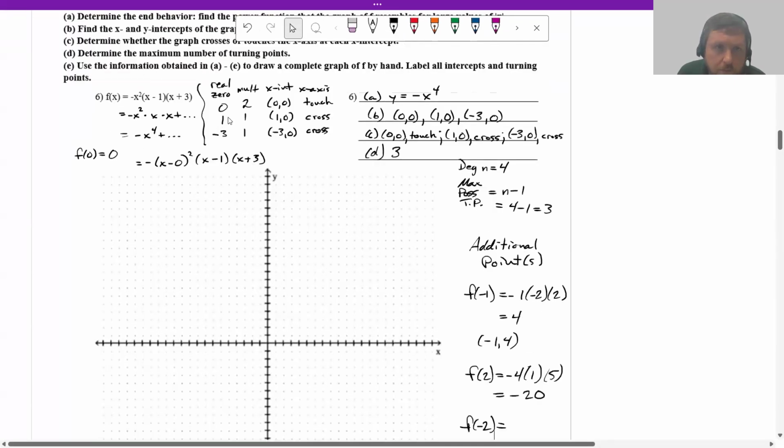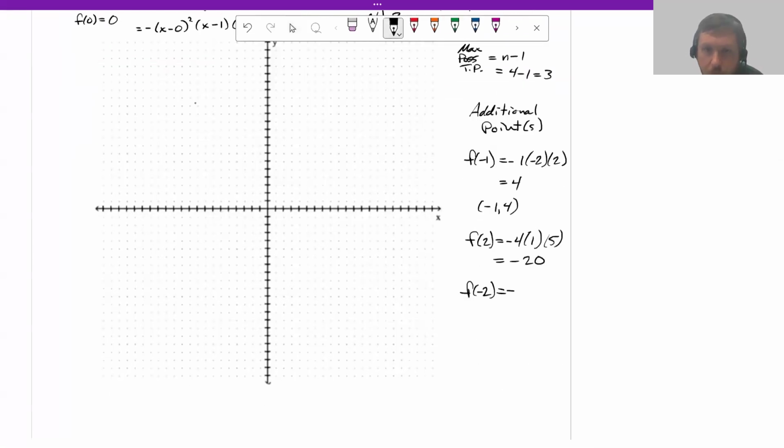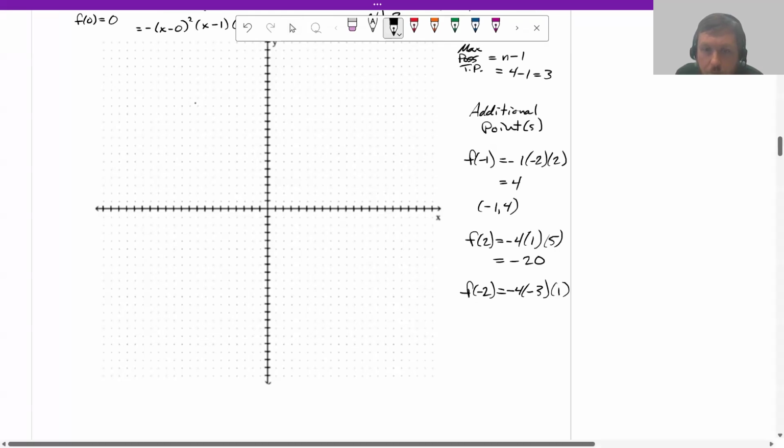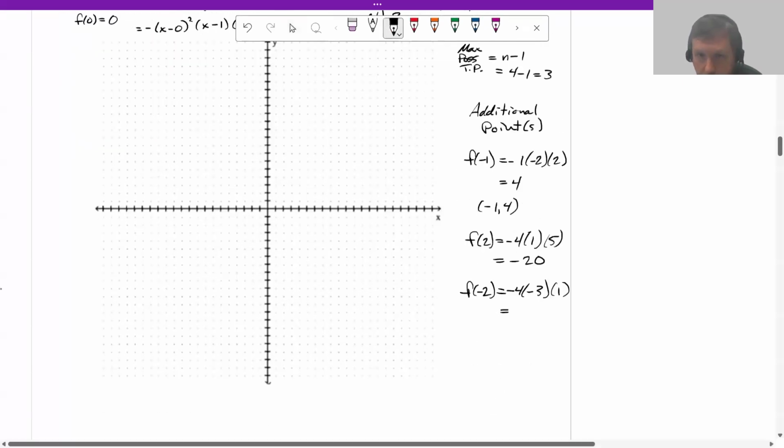So we have -4, -3, and 1. So then we get a +12. All right, so there's some additional points. We have 2, -20, and -2, 12.